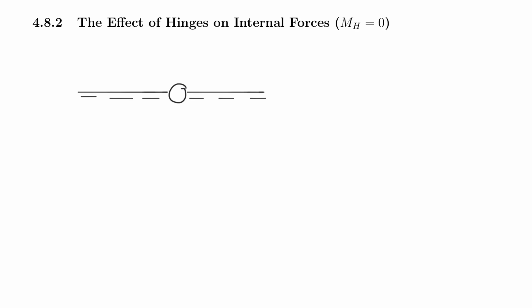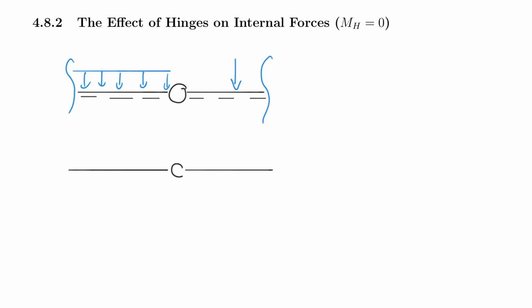For example, if I have a distributed force here, and maybe a concentrated force here, and who knows what else happens in the system, my diagram must pass through zero at the hinge, as mentioned many times before.